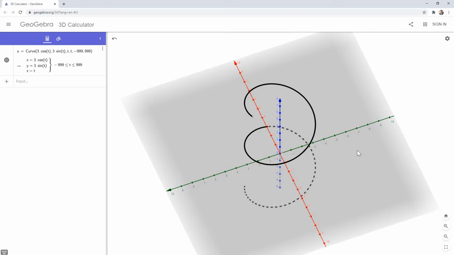And the reality is, I don't think you'd ever be asked to sketch a curve like this in an exam where all you've got is your calculator and a pen and a piece of paper. It's just quite a troublesome thing to try and grapple with.